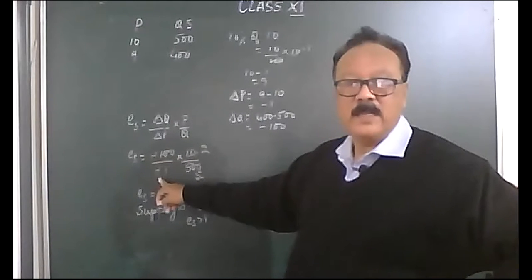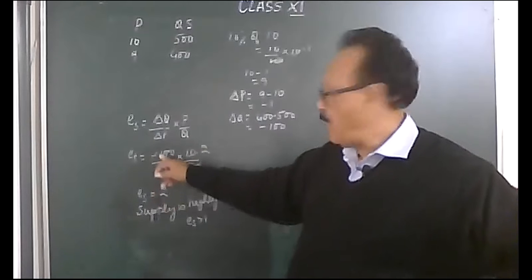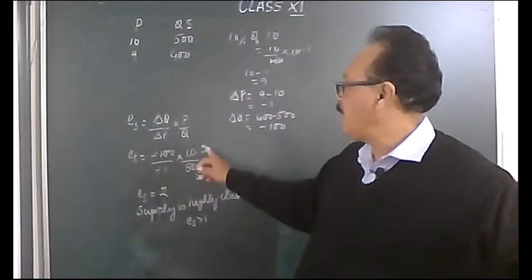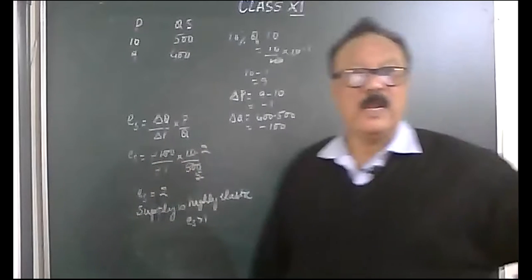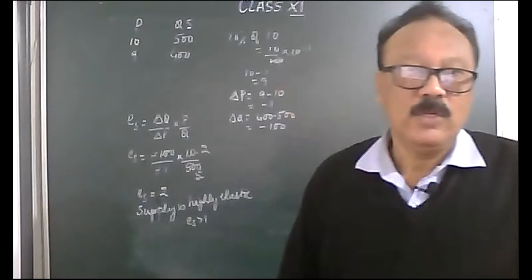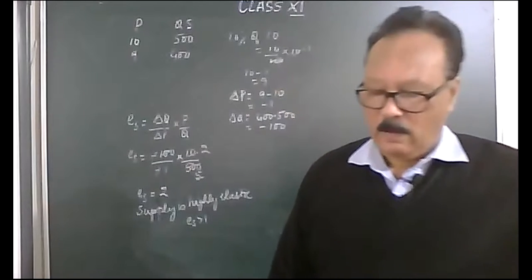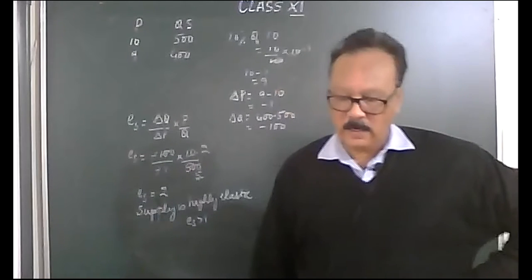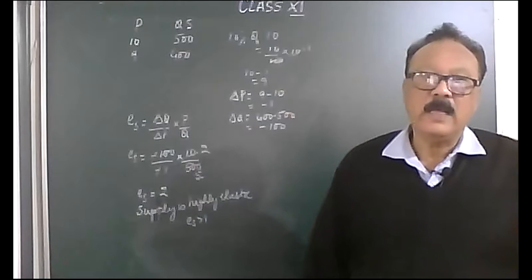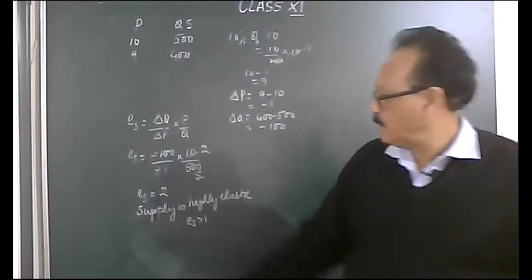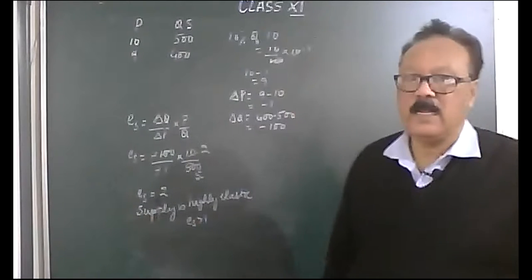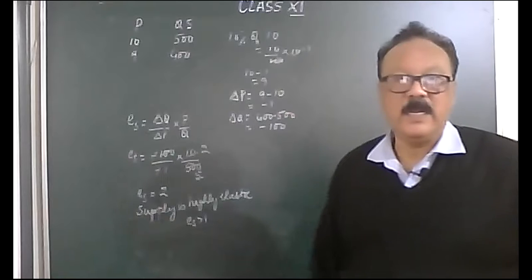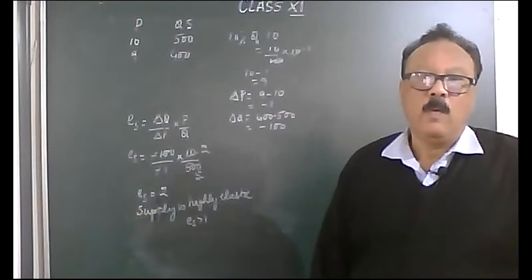The minus and the minus cancel off. 100 will go to 5 and then 2. He says elasticity of supply is equal to 2. And we know anything greater than 1 will be highly elastic. This is important: supply is highly elastic because E is greater than 1.